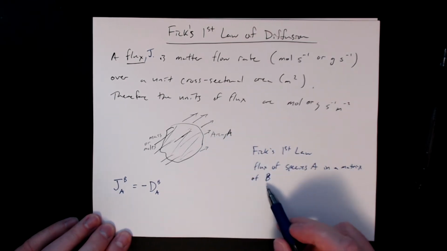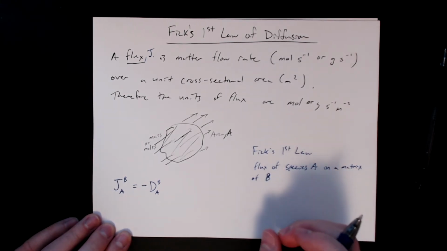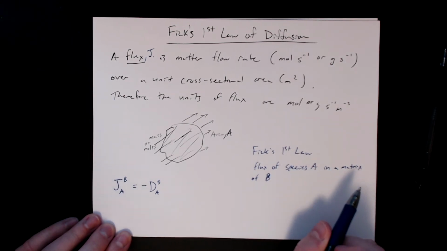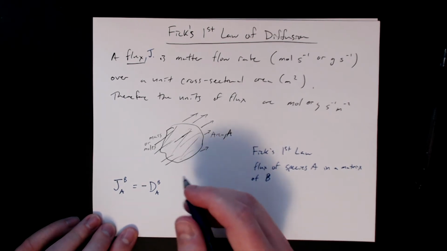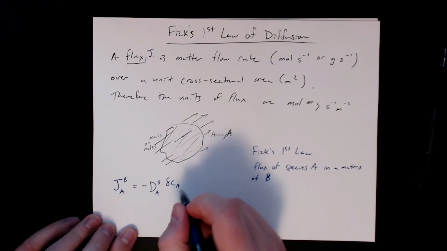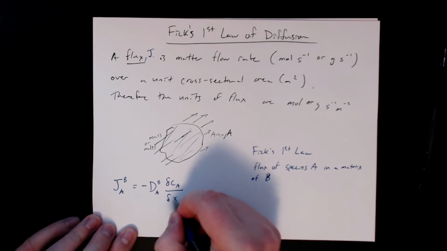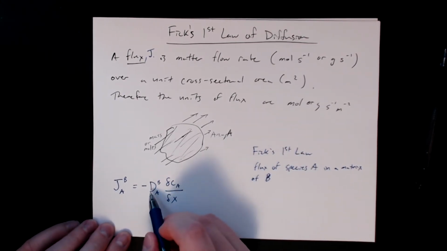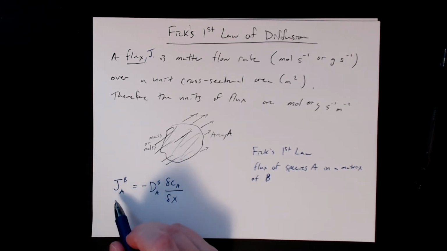So if we're looking at matrix B, if one area of B has a lot of the species A and the other doesn't, it's going to want to diffuse towards the site that doesn't have a lot of A. And that is known as the concentration gradient. So we have the change in concentration of A with respect to position x. So this is our concentration gradient. This is the diffusion coefficient, which is a constant in most cases, and then that's equal to the flux.